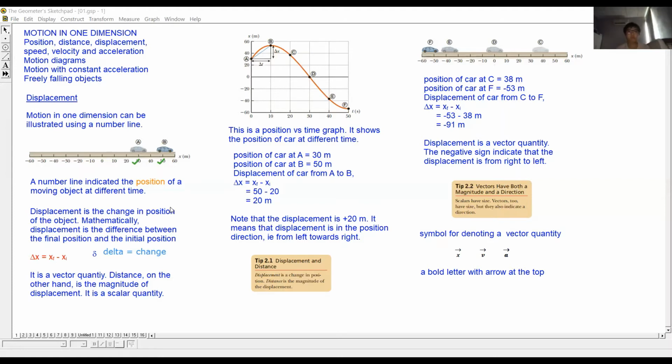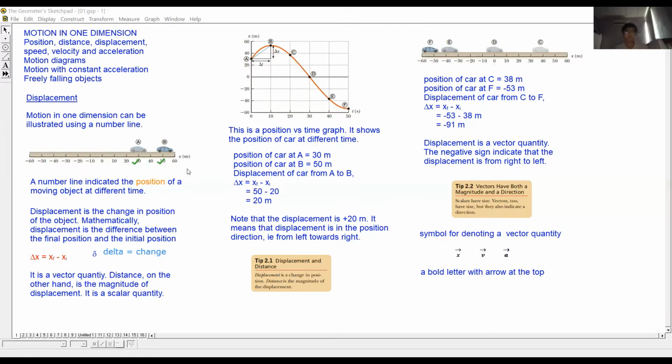You don't think that there's no such thing as negative in length. Yes, there is. In displacement, there is positive and negative length. Positive length means towards the right hand side. Negative length means towards the left hand side. So this is the linear model that we are talking about.